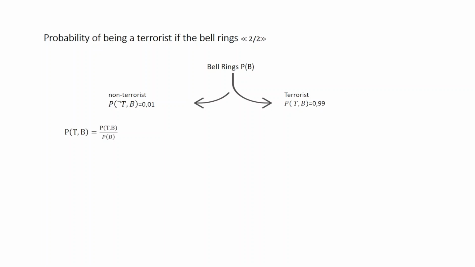So the probability of the bell ringing and having a terrorist is the probability of our favorable event, which is the terrorist, divided by the whole probability of the outcome.